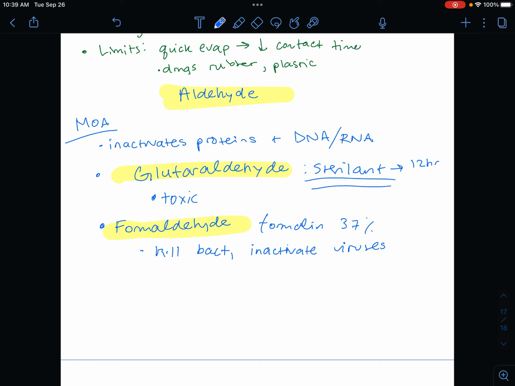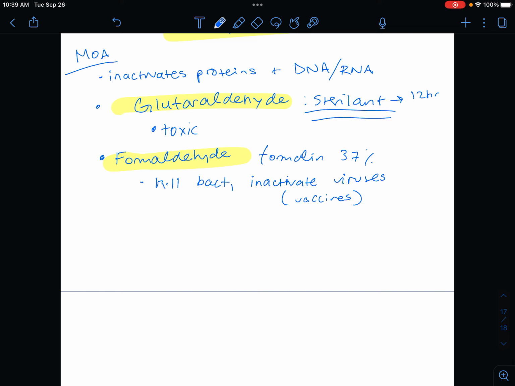And this is used for vaccines. So there's an inactive virus in certain vaccines, and that's allowing for the immune system to recognize it, get used to it, so you could fight it off and to recognize that particular virus if it ever gets into your system after the vaccine. And again, this is preservation.